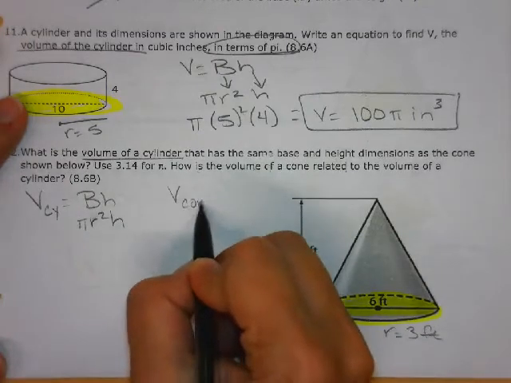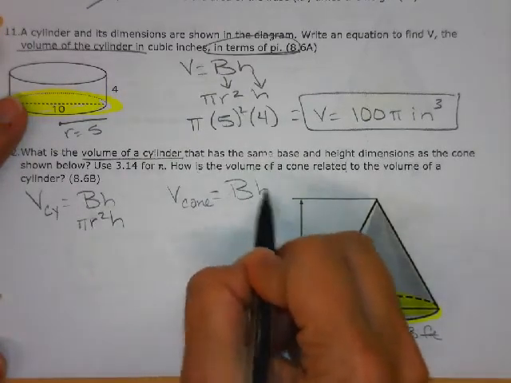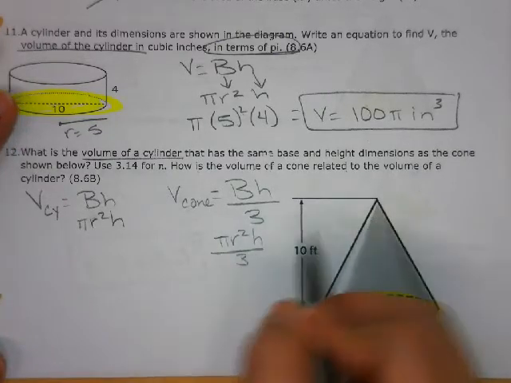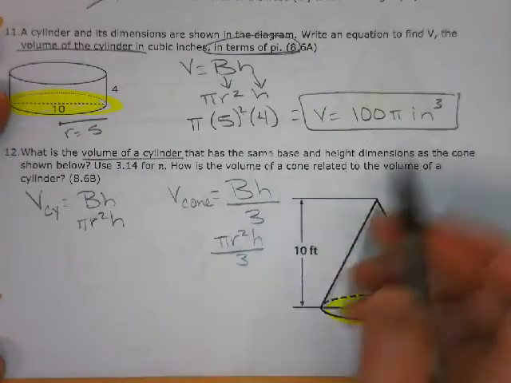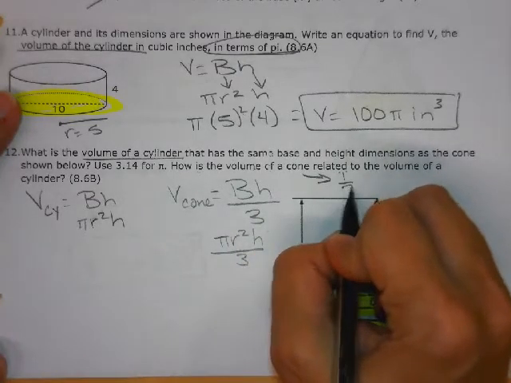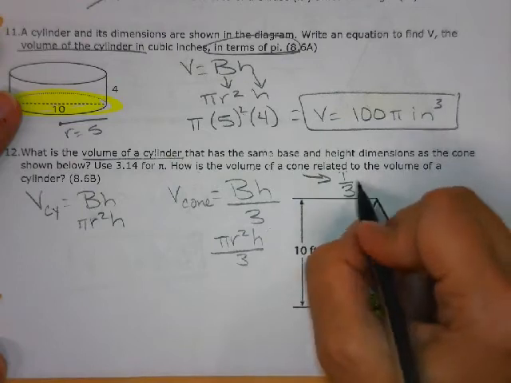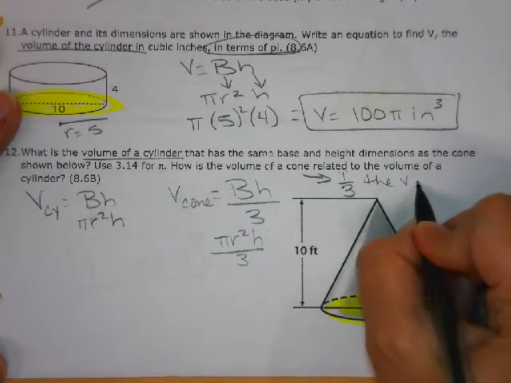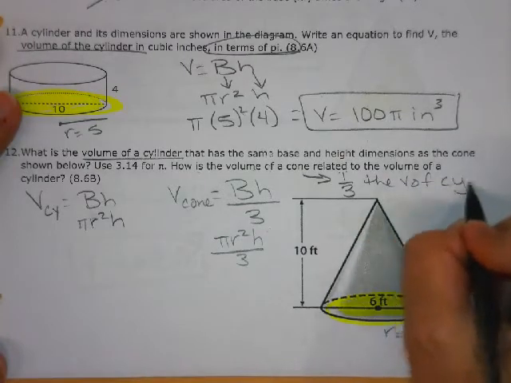Volume of a cone is big BH divided by 3. So pi r squared h divided by 3. So the volume of the cone is 1/3 the volume of the cylinder.